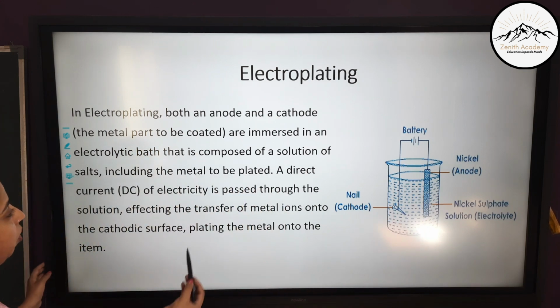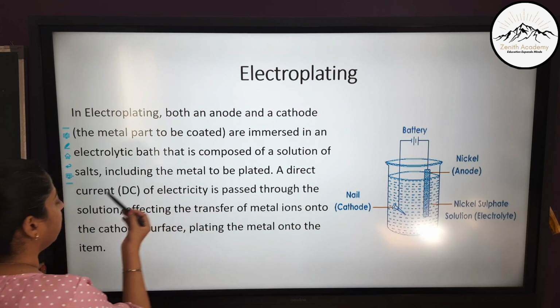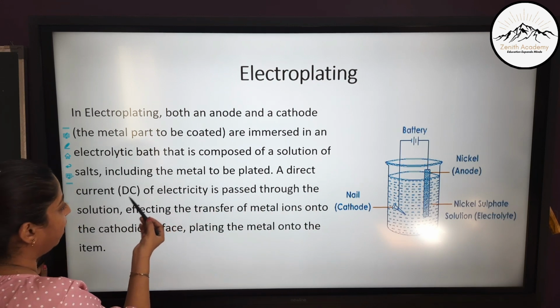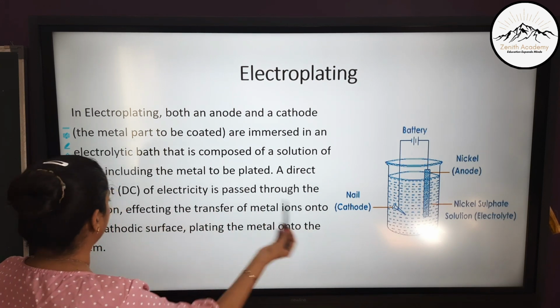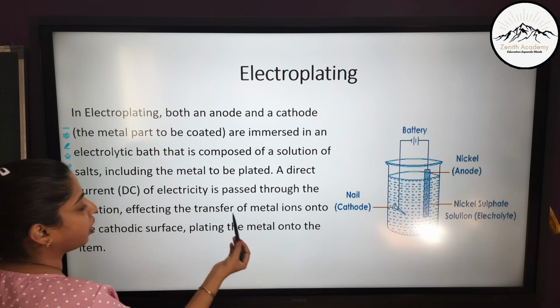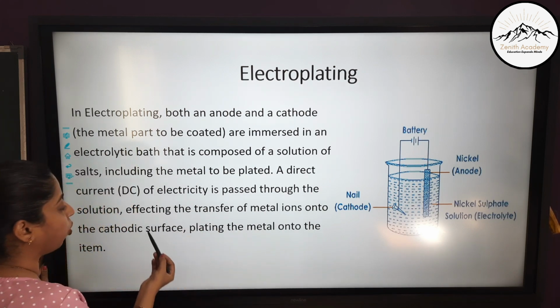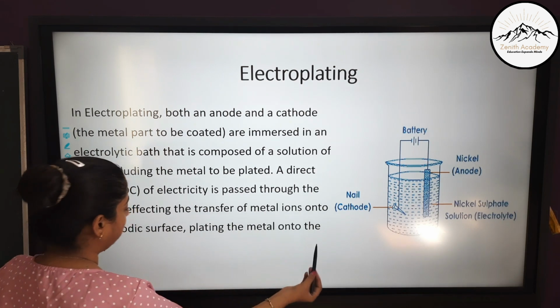Now a direct current, that is DC, of electricity is passed through the solution, affecting the transfer of metal ions onto the cathodic surface, plating the metal onto the item.